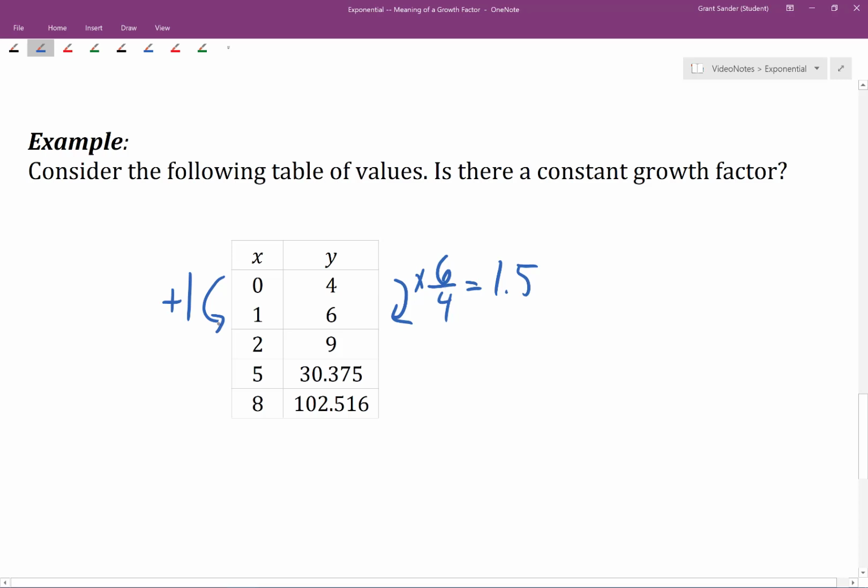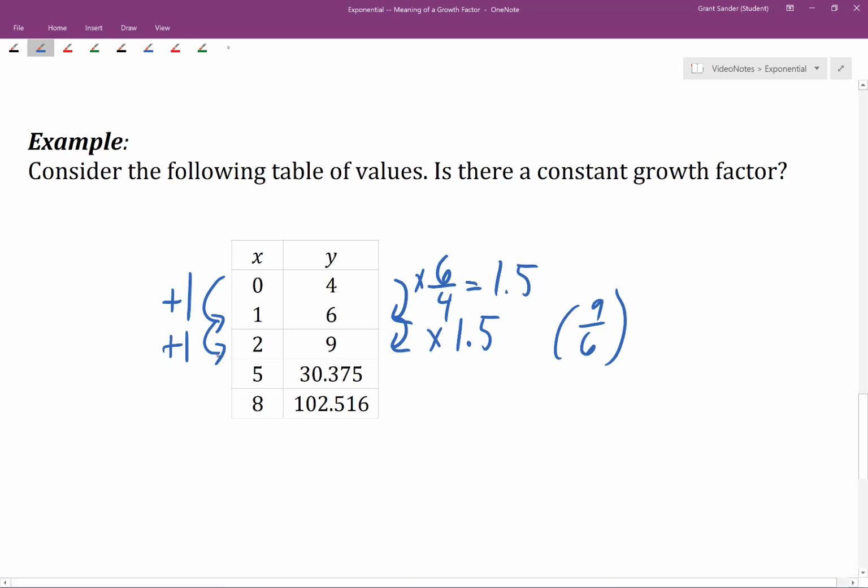Then from x equals 1 to 2, x again increases by 1 unit, and y simultaneously varies from 6 to 9. To vary from 6 to 9, y becomes 1.5 times as large, and that just comes from 9 divided by 6. So each time x is increasing by 1 unit, y is becoming 1.5 times as large.